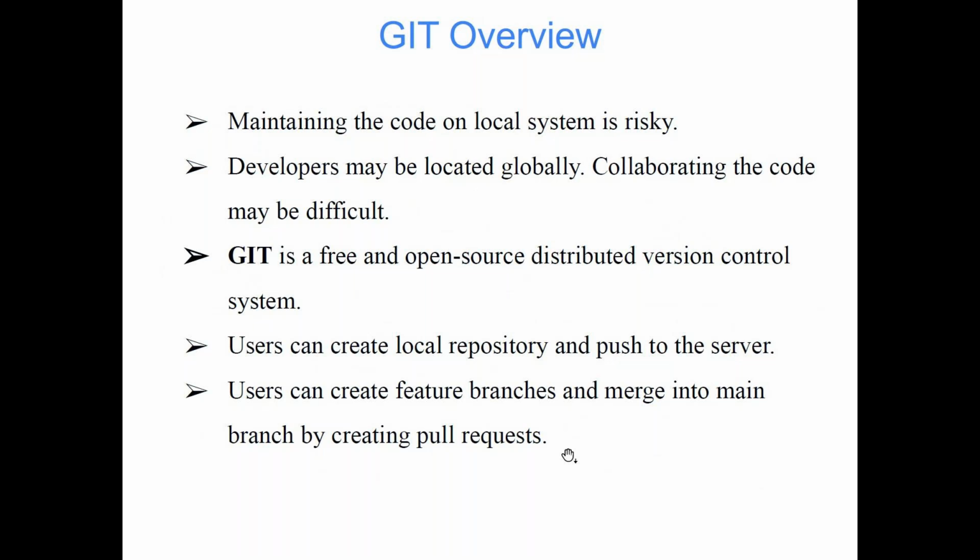If one person is working on a project, it's okay, but if 10 people are working on the same project, and sometimes it's possible that multiple people are working on the same file, then how to collaborate on that code? Nowadays everyone is working remotely, right? How to collaborate on the code? Even for that purpose we need a code versioning system. So Git is, first of all, free, an open source distributed version control system.